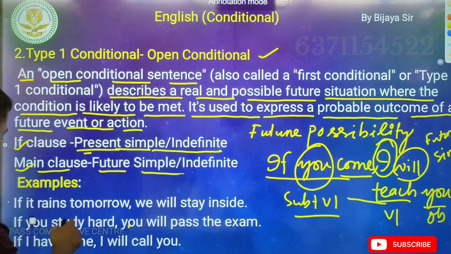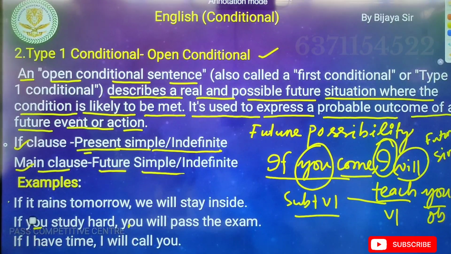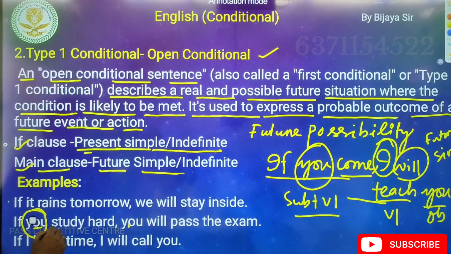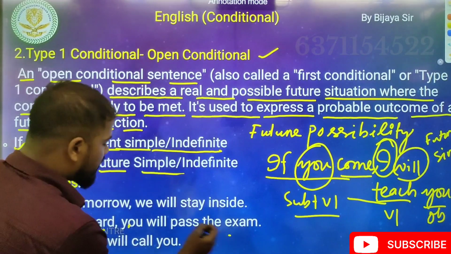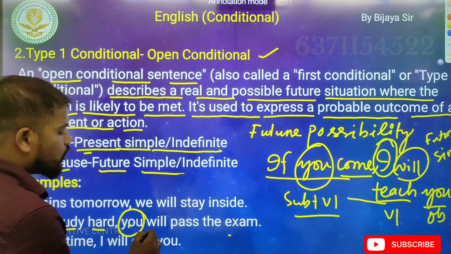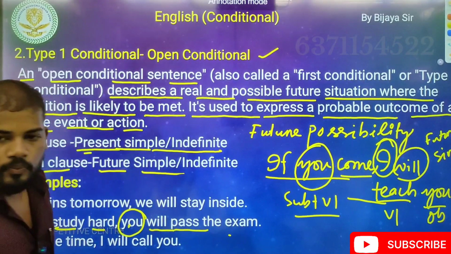Our next example, dear students: if you study hard, you will pass the exam. Look at the example. You is the subject, study is the V1 form, hard is the object. If you study hard, this one is present simple, and you will pass the exam: you is the subject, will pass is the future form, so it is future simple.